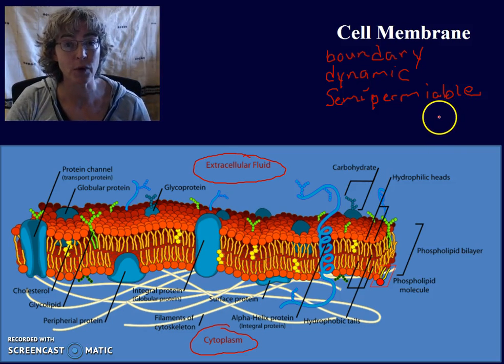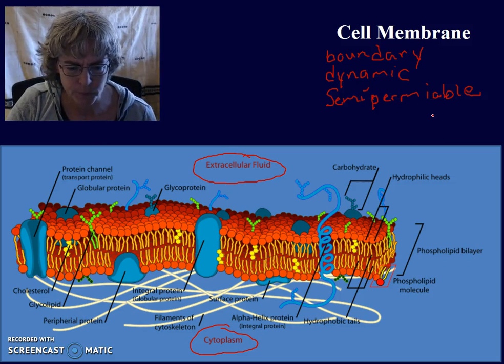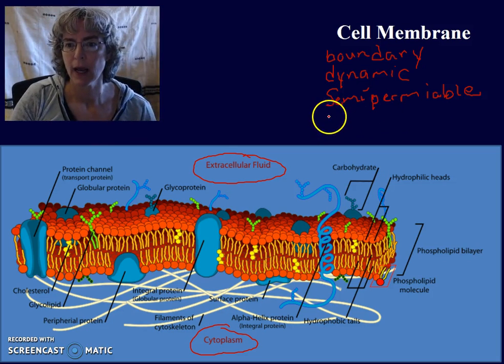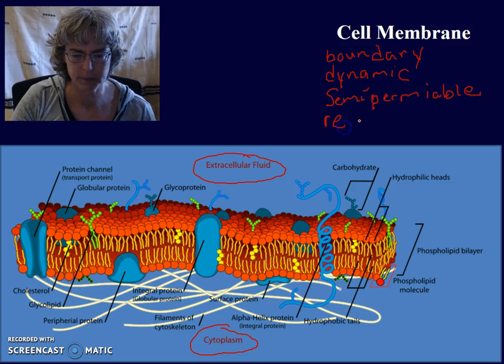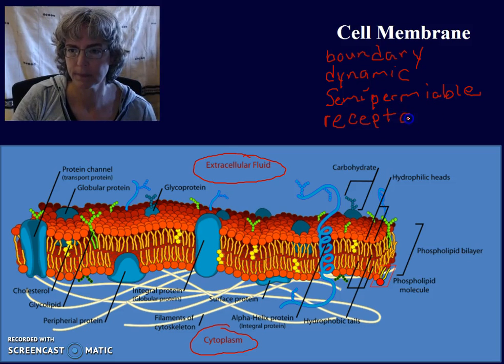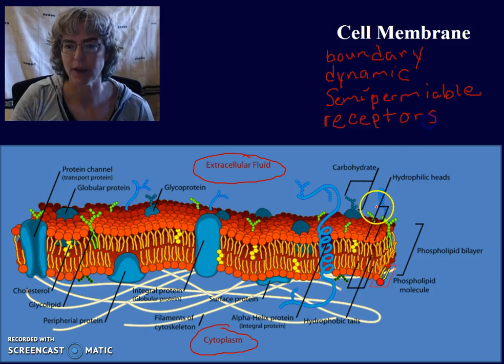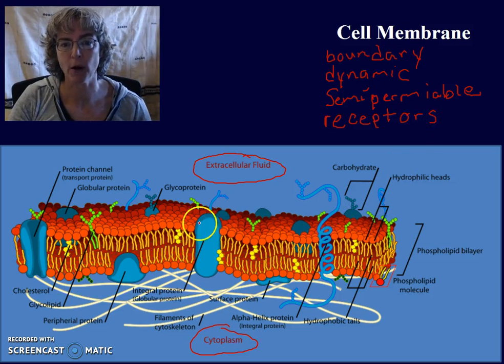Some things can go through and some things can't go through. Also, it has receptors. So on the outside of the cell membrane, there are receptors to be able to communicate.